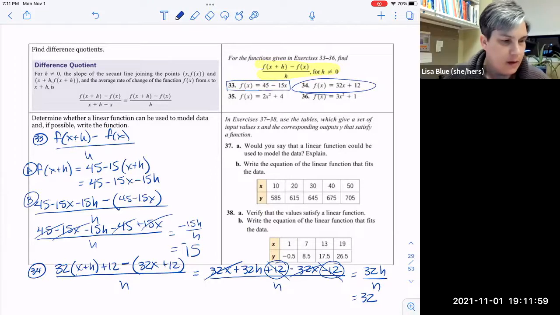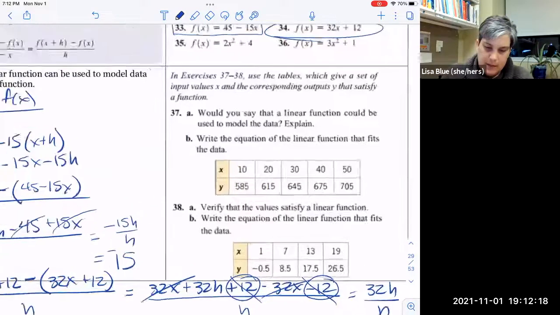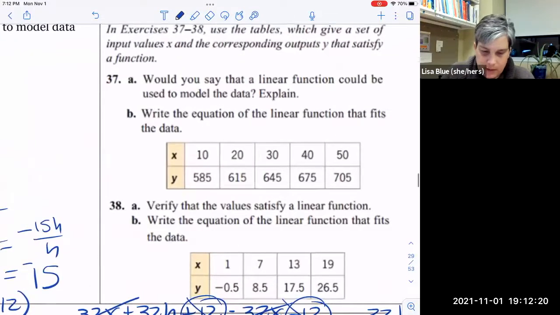Sure thing. And so if you're trying to find if a linear function could be used to model the data, the best thing to do is to look at the first differences and see if those first differences give you the same result. And so what that means is that we're going to zoom in on this data. We're going to say, okay, what's the difference between 585 and 615?